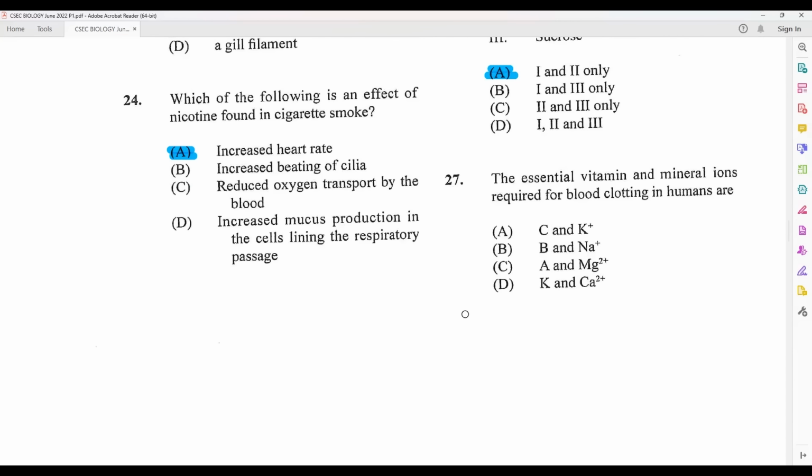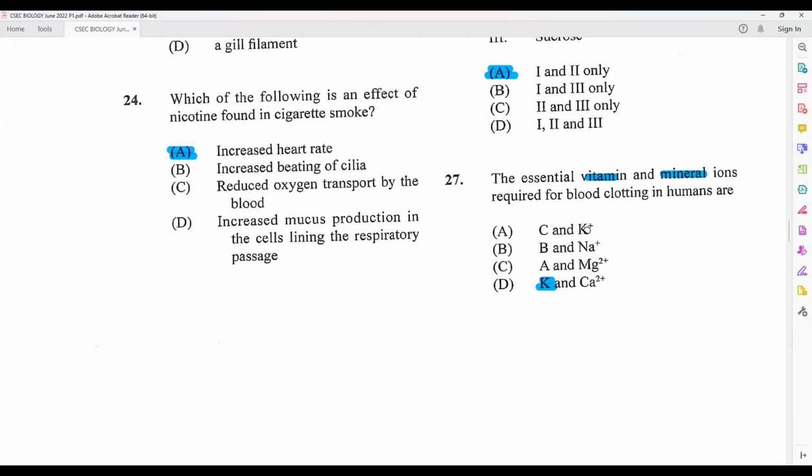27. The essential vitamins and mineral ions required for blood clotting in humans are, they told you it's a vitamin followed by a mineral. So we are all thinking vitamin K. This K makes it vitamin K because it told you vitamin first.